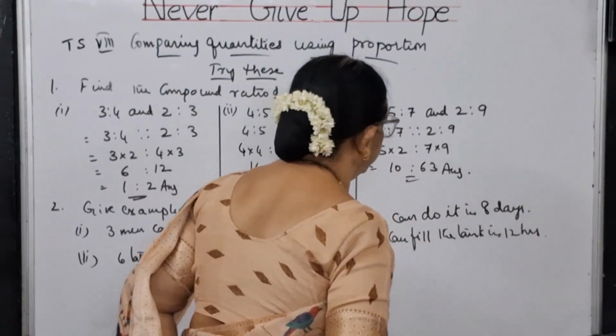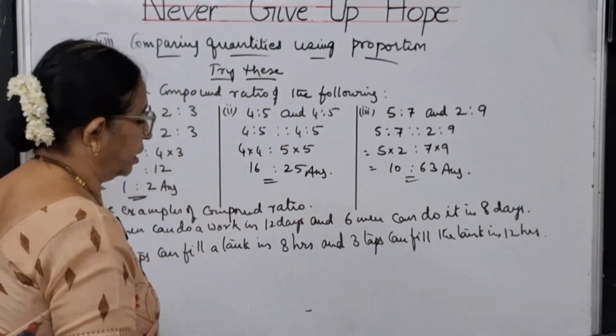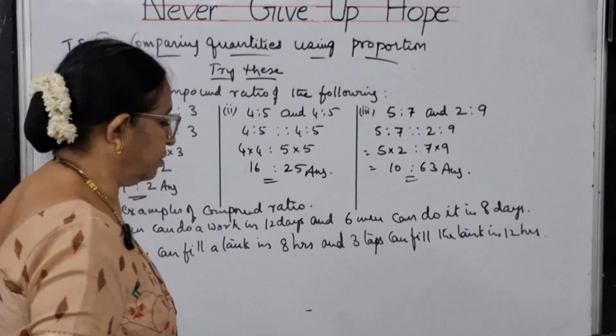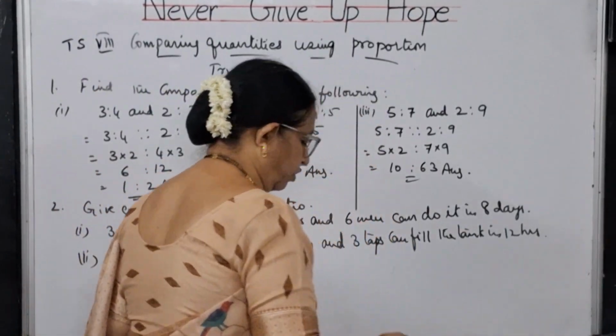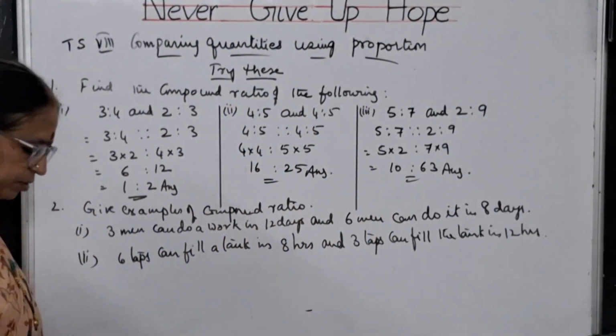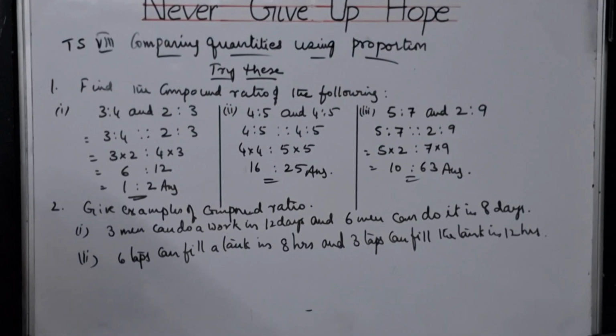You can compare this also. So like this, you can give your own examples, anything you can give, children. It is not that you have to follow only this. So please copy it.